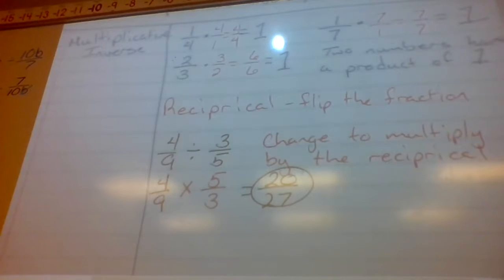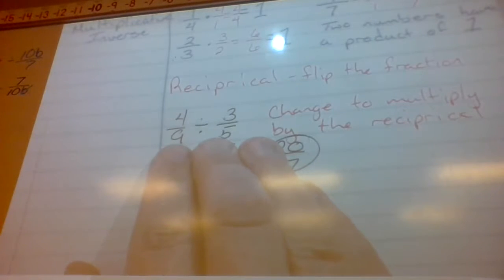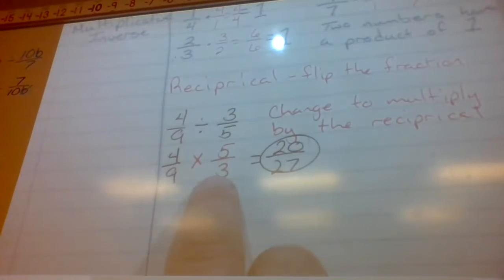Well, that's what we would have done, but that wouldn't have been correct. My question is, do you know why we have to use the reciprocal? Why can't we just take 4 divided by 3 and 9 divided by 5? Why couldn't I just solve it like this? There's a reason we use the reciprocal.